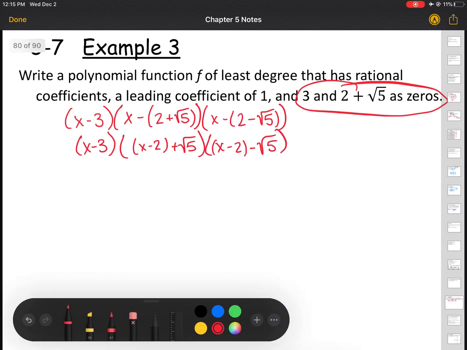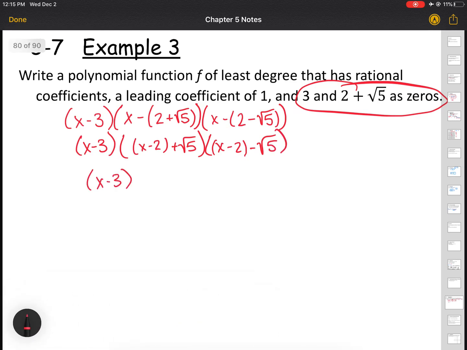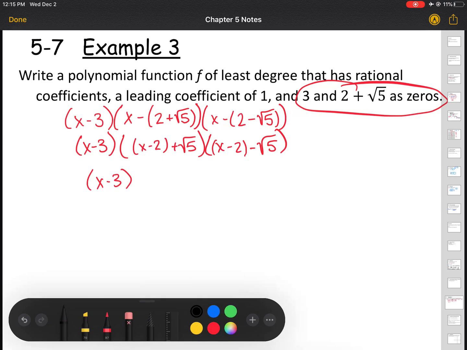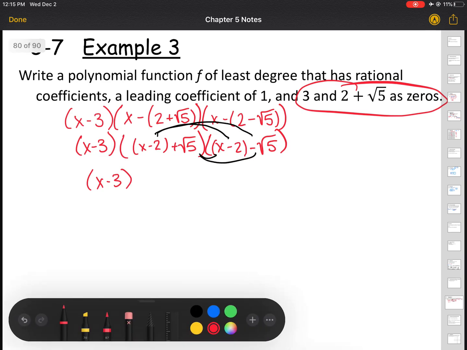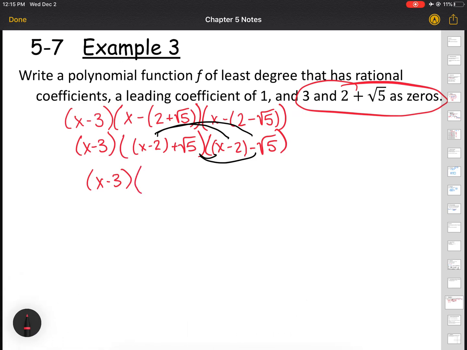And if I go to FOIL that, I'm just going to be left with x minus 2 squared and square root of 5 times the negative square root of 5.